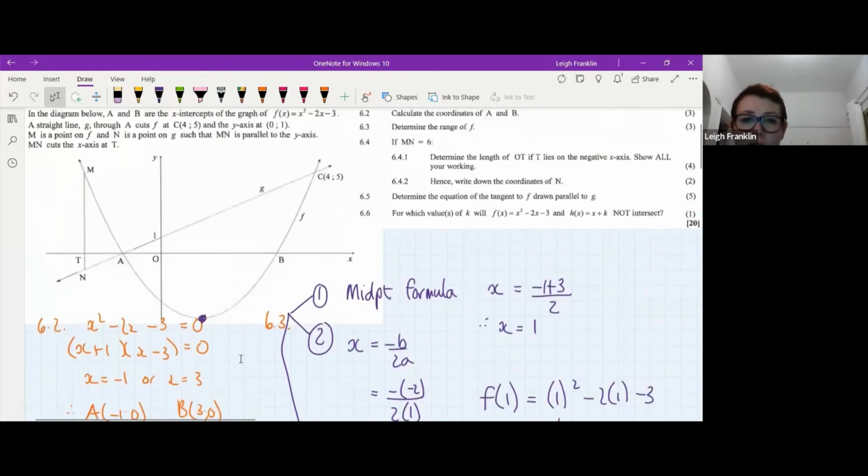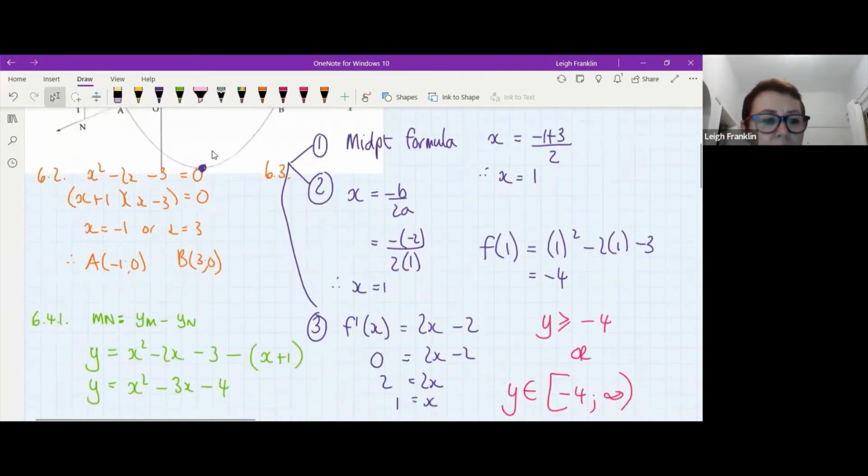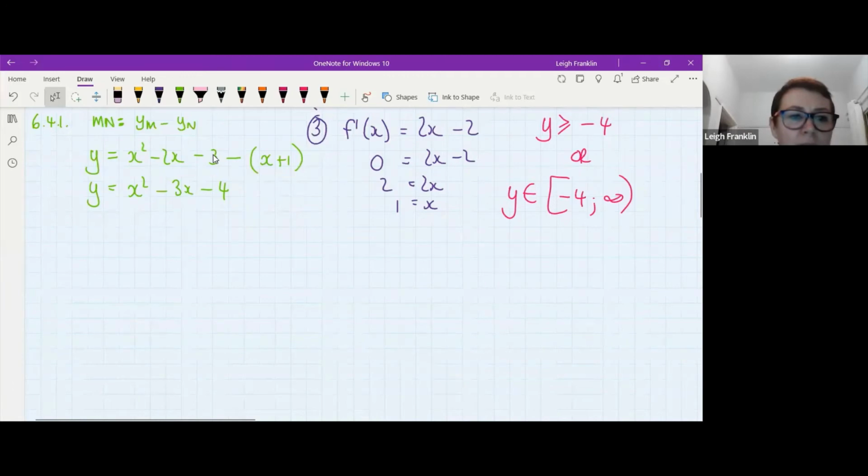And then over here, they told us that MN is 6. So that means that we need to go and sub 6 in where, matrix? In place of the Y, yes, absolutely.